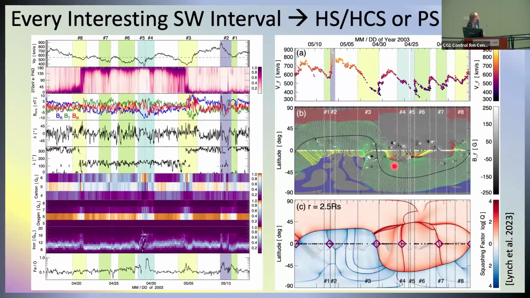So here you've got a couple of low-lying coronal holes. All of this gray stuff is various pseudostreamer flux systems.